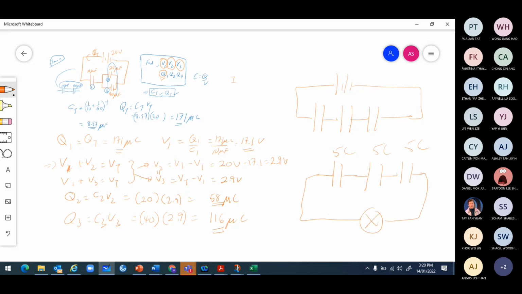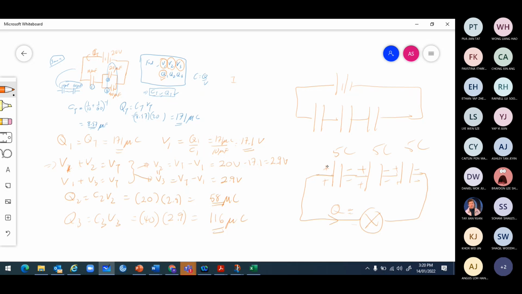Tell me, how much of charge do you think will pass the light bulb to light up the light bulb? Only 5 coulomb, right? See, this is positive, this is negative, this is positive, this is negative, this is positive, and this is negative.